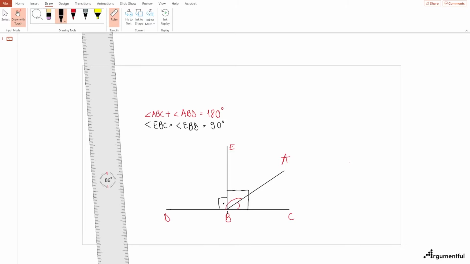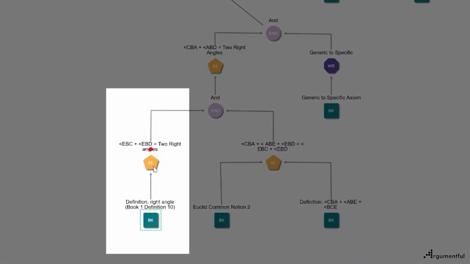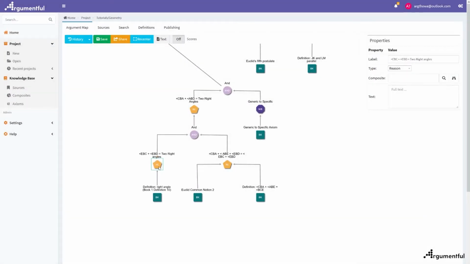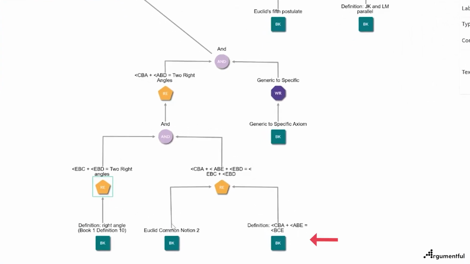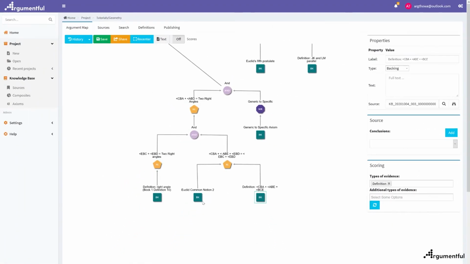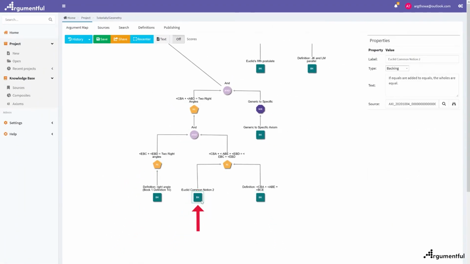As per Book 1 Definition 10, angle EBC plus angle EBD equals two right angles. But starting from the definition of the problem, angle CBA plus angle ABE equal angle CBE. This is how we defined the point E. So this is a definition, and in our example, a backing node. This, combined with common notion 2, if equals are added to equals, the wholes are equal, means that angle CBA plus angle ABE plus angle EBD equal angle EBC plus angle EBD.